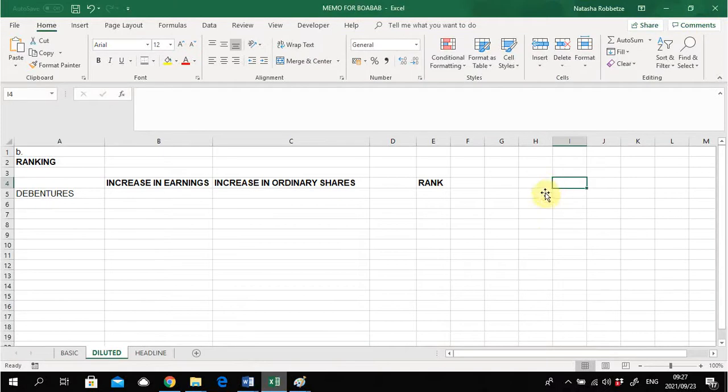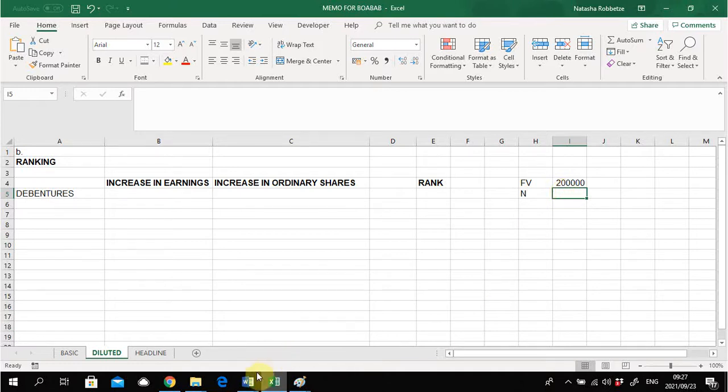So going back, we need a future value, and the future value will be the R2 times 100,000 debentures. Then we need a time period, an N. So on your calculator, you're going to type that the N is how much time.